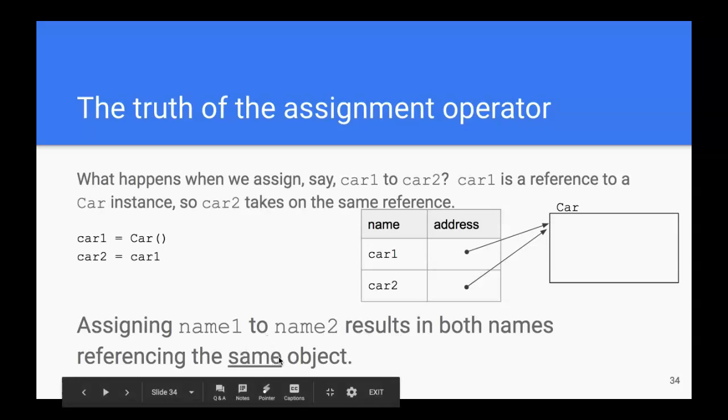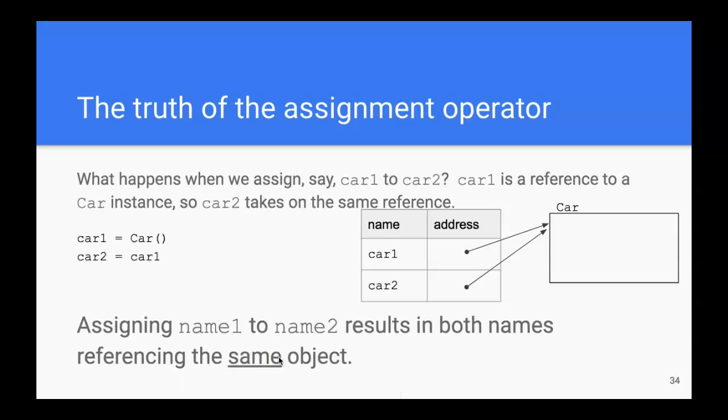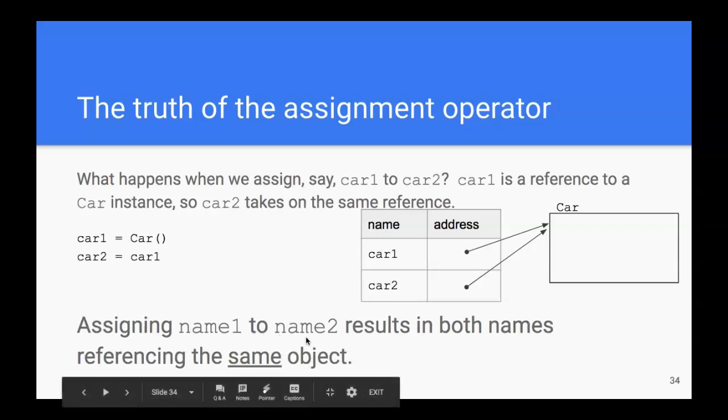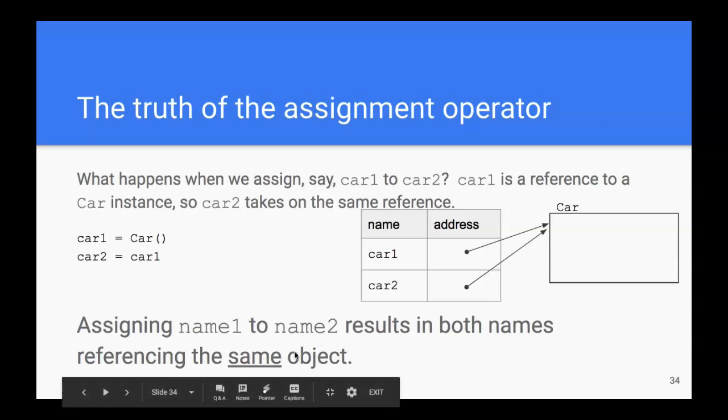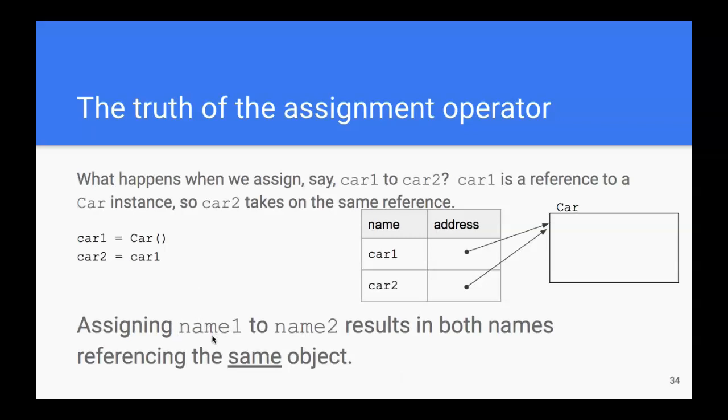Okay. So this is very important. You're assigning a name 1 to a name 2. It just means both of them end up referencing the same object that name 1 references. This is again important. That's why it's in humongous fonts.